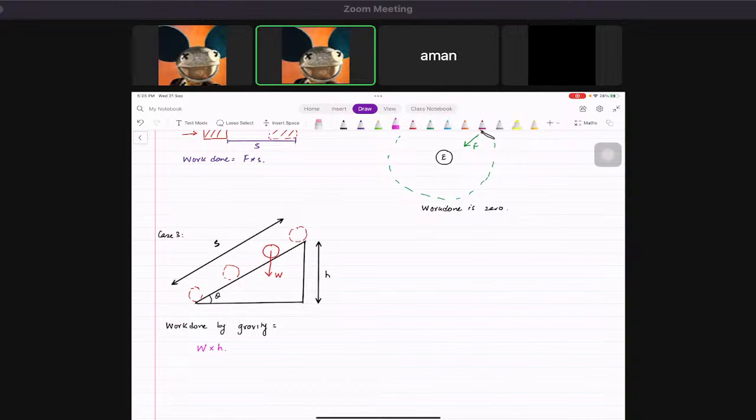Or it would be the same value if we find two components that you already know how to. That's theta. This will be W cos theta. This will be W sine theta. So you can take W sine theta times s. So both will give you the same answer actually. Is it clear?